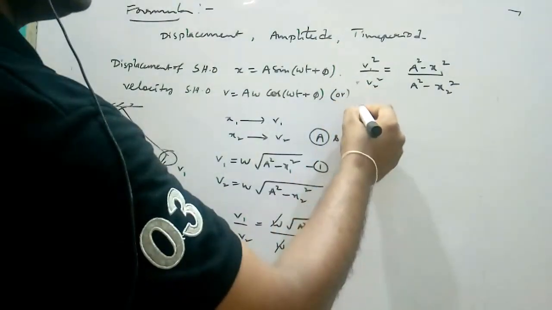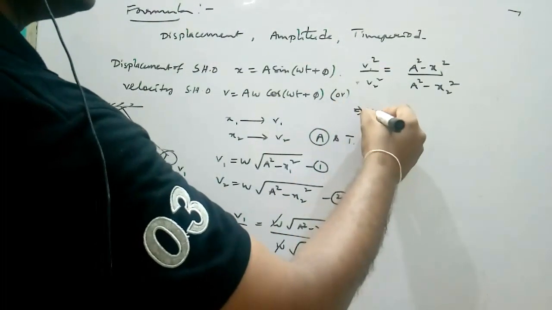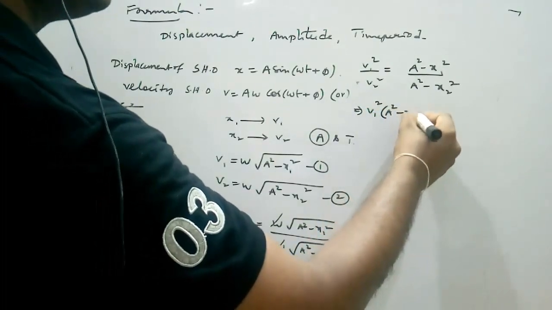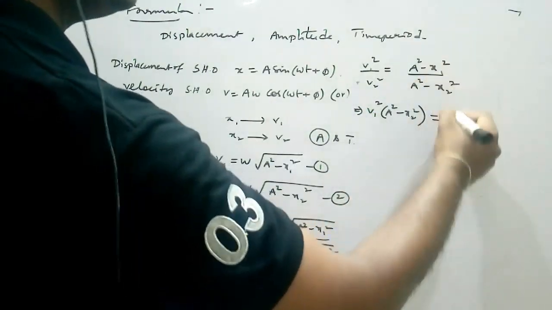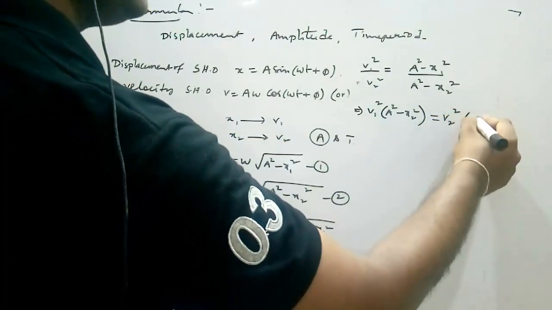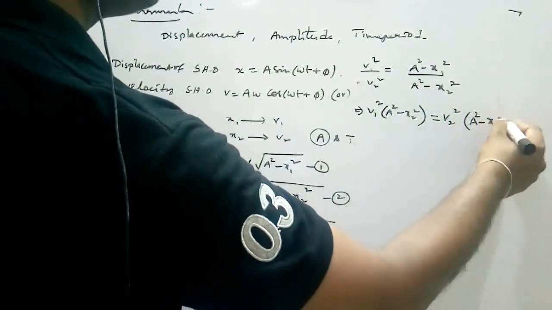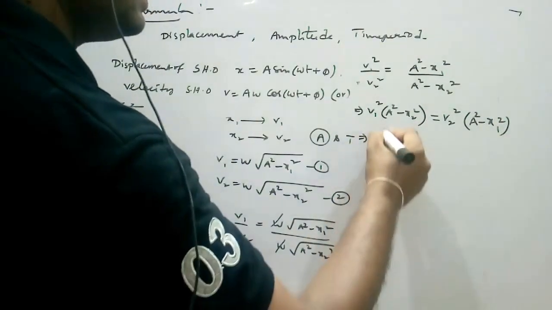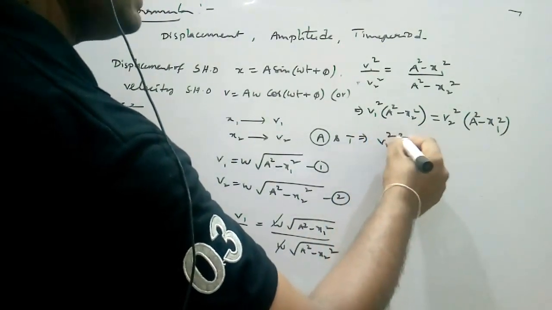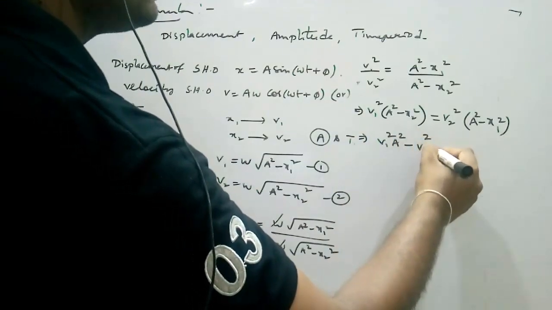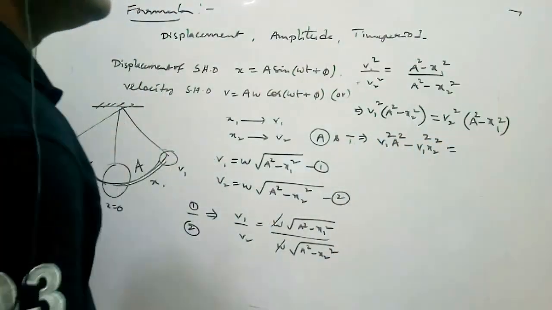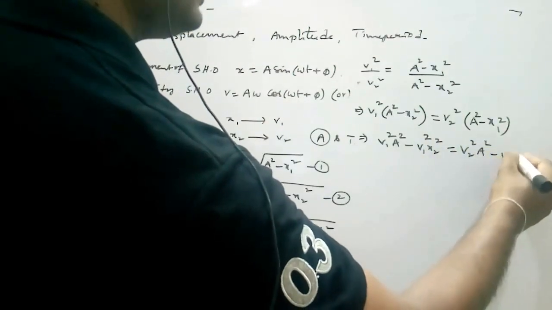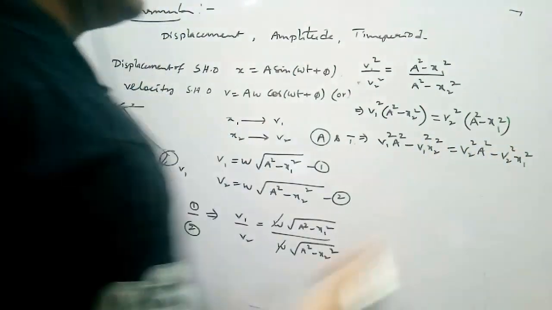So next we do the cross multiplication here. This v1 square of a square minus x2 square equal to v2 square of a square minus x1 square. Multiplying this, v1 square a square minus v1 square x2 square equal to v2 square a square minus v2 square x1 square.